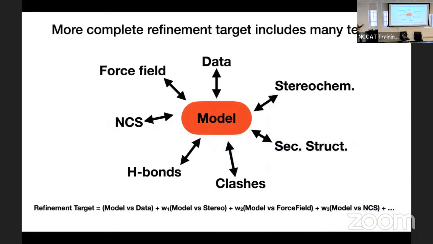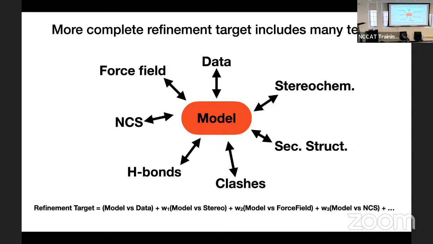And so we can build up all these different restraints from prior knowledge. Again, this is kind of like a model of the scoring function that we're using in the refinement process. So our model is being influenced by both the data, but also stereochemistry, secondary structure, clashes, NCS.